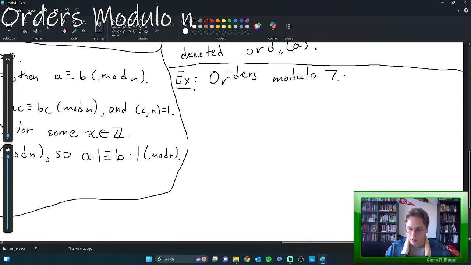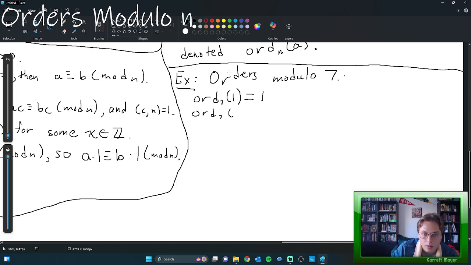So first, 1's order modulo 7 is 1 because 1 to the power of 1 is just equal to 1. 2, we already found that it's 3.